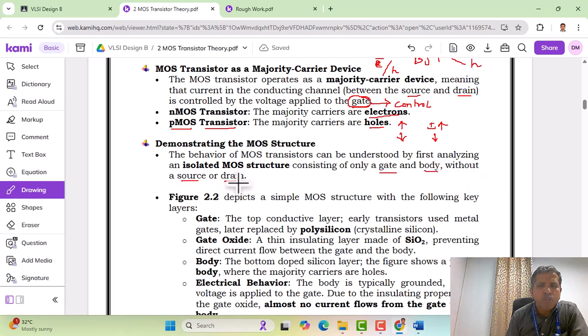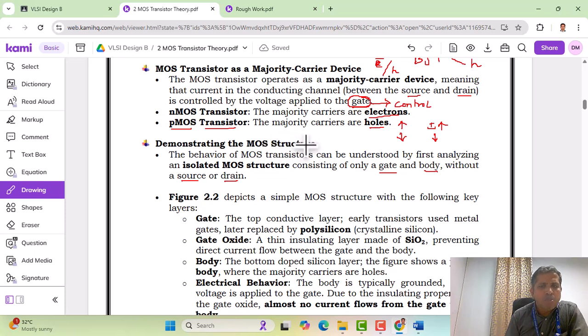Here we only retain the gate region consisting of the gate and the body, whereas for the time being we ignore the source and drain regions to demonstrate the working principle of the MOS.